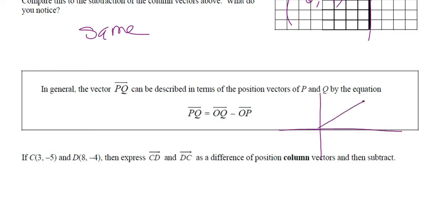So here's P. That's O. Here's Q. That's OQ. I want to go P to Q, from here to here. I want to go that way, which means I need to go, wait a sec, what am I doing? So I need to go OP. You need to go OQ. No, hang on. Yeah, because the vectors are tip to tail. Ignore that last, let's try that again.